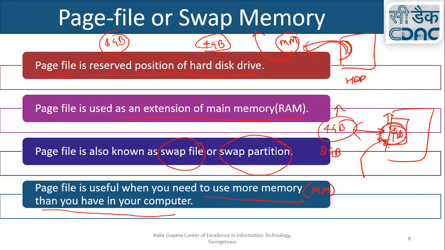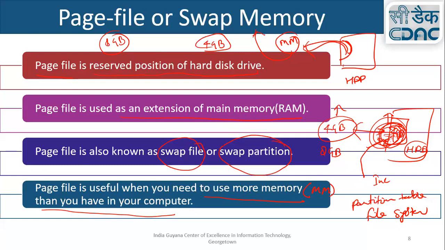How the speed of this particular part is increased, I will tell you when we discuss partitions, the partition table and file system. Although it is in the same hard disk, it has a special file system so that its speed is high.